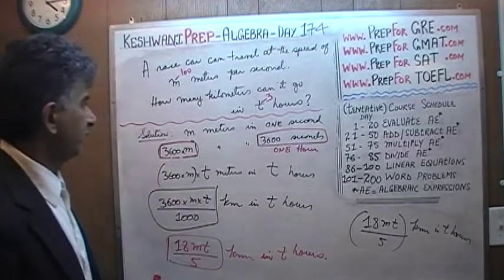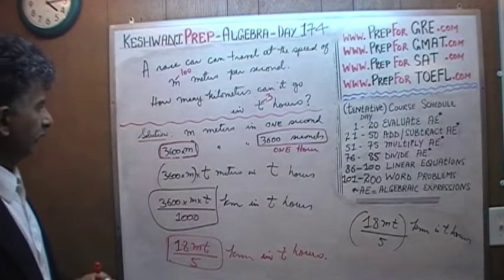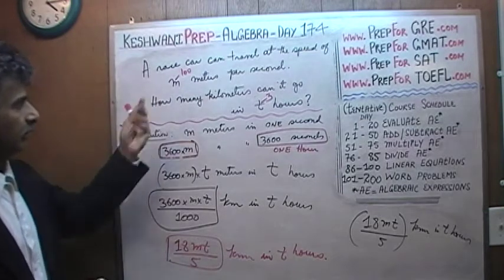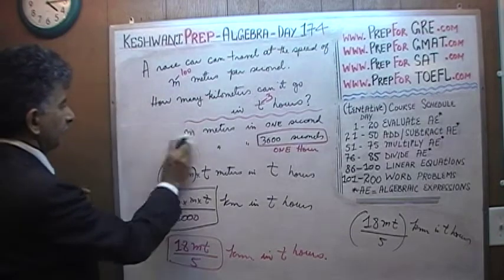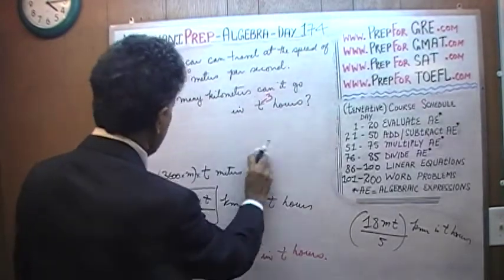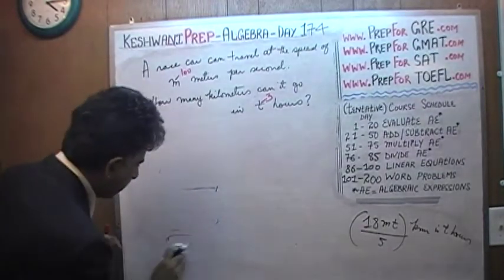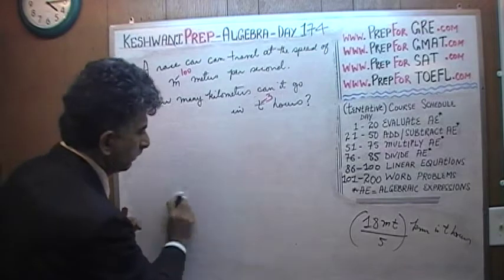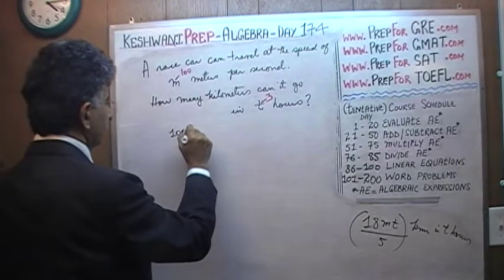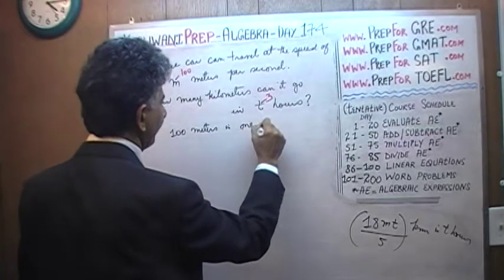Let's solve the problem. I need lots of room, so we need to erase stuff. I need to erase all the solutions so that we can do the arithmetic problem. So 100 meters in 1 second.